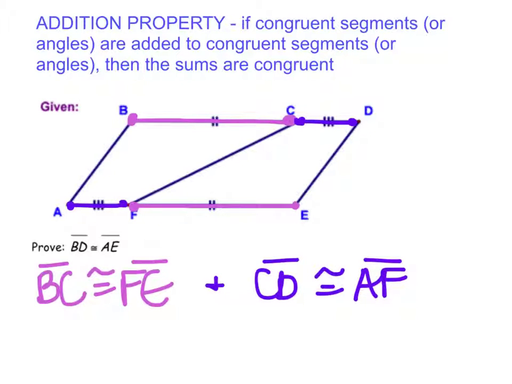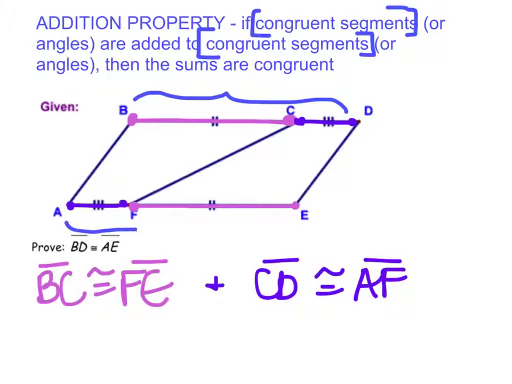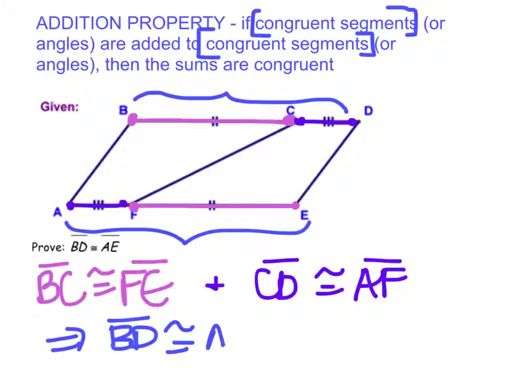So I have two congruent segments and another pair of congruent segments, and when I add those, I'm going to get congruent sums. So BD will be congruent to AE by the addition property.